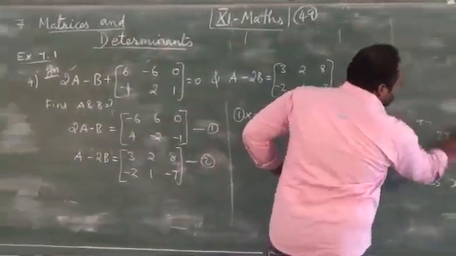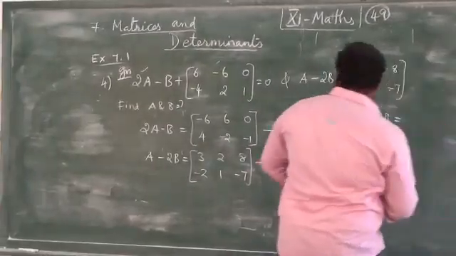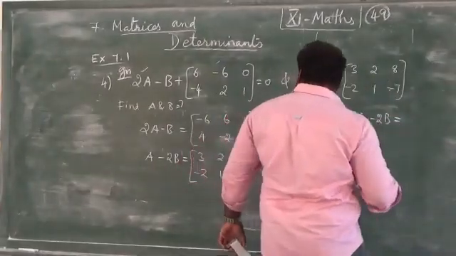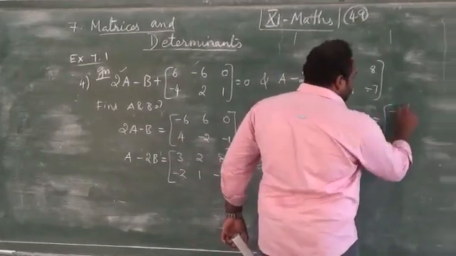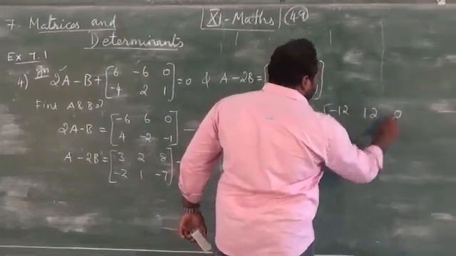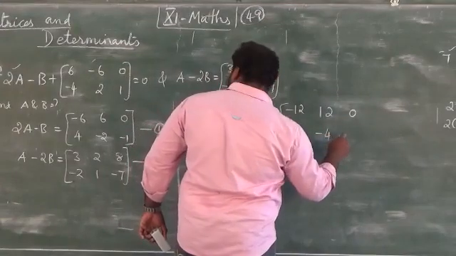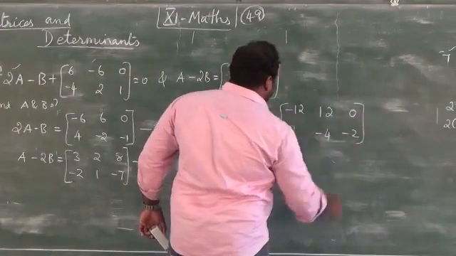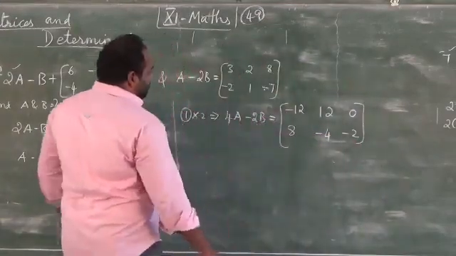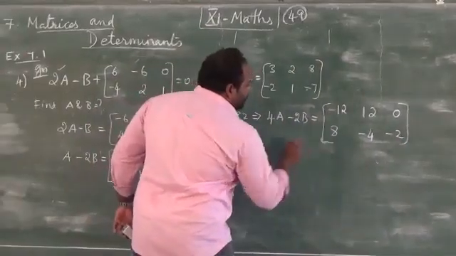If you multiply, you get 4A minus 2B. Throughout the equation we have to multiply by 2, including the matrix. What will happen when you multiply 2 inside the bracket? 12, 0, 8, minus 4 and minus 2. So, this is one equation.